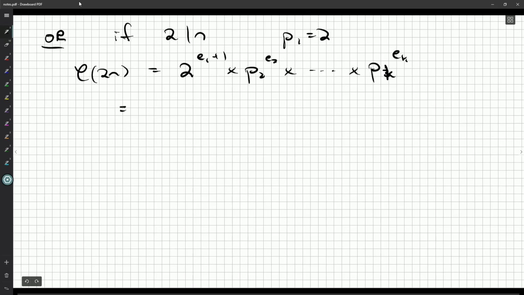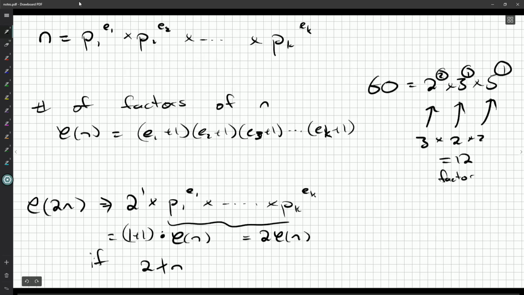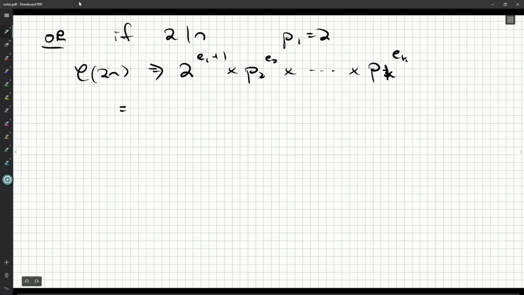And so my formula, I don't know why I wrote equals, my formula is going to be off slightly. It's (e1 plus 1 plus 1), which is e1 plus 2, times (e2 plus 1), all the way times (ek plus 1).